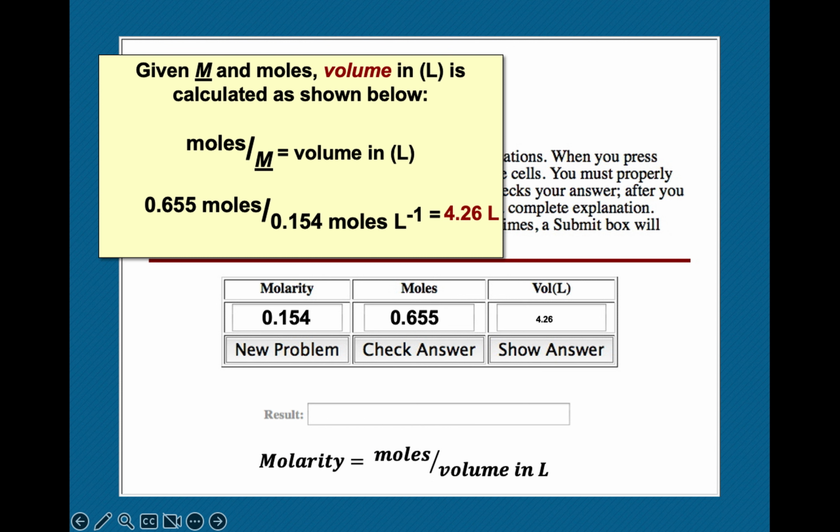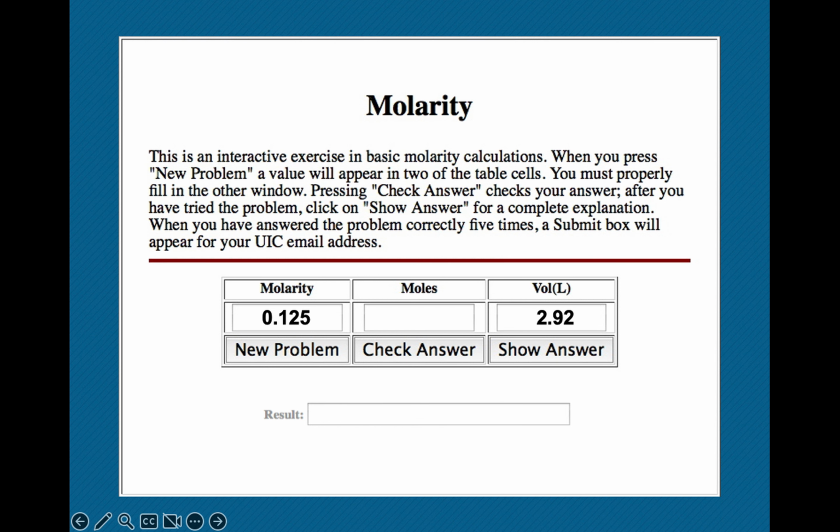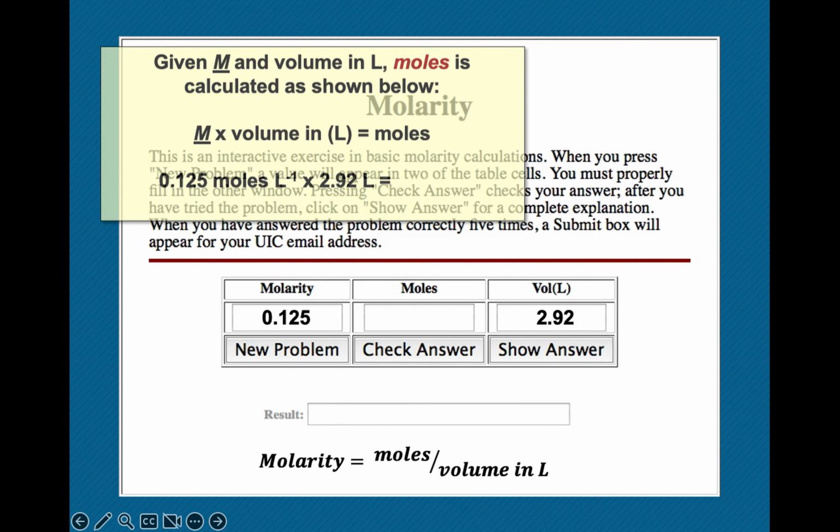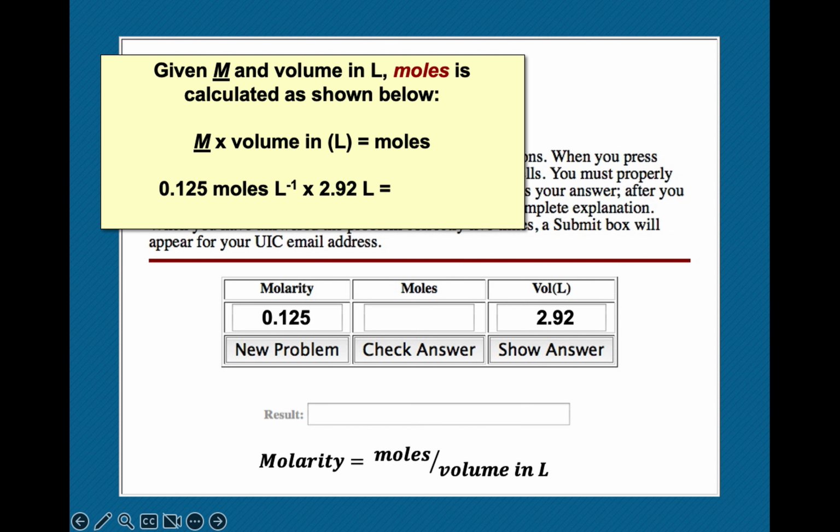We're in 4.26 liters. And finally, if moles are missing, moles are going to be molarity multiplied by volume. Molarity multiplied by volume gives moles. 0.125 times 2.92, 0.365.